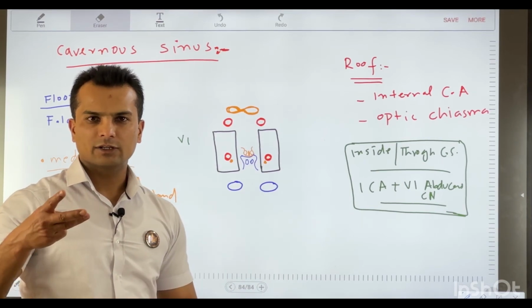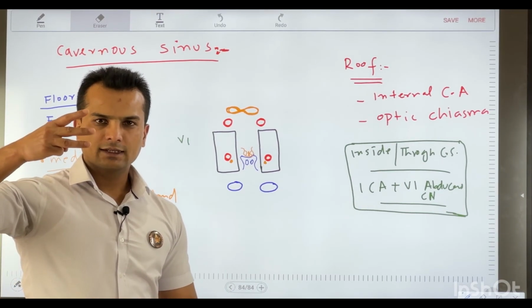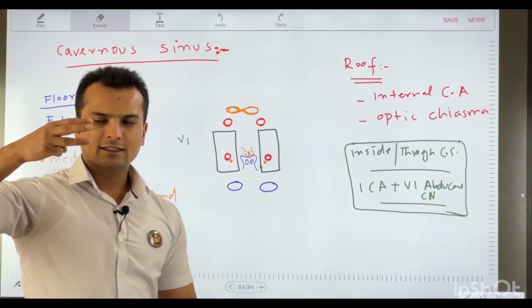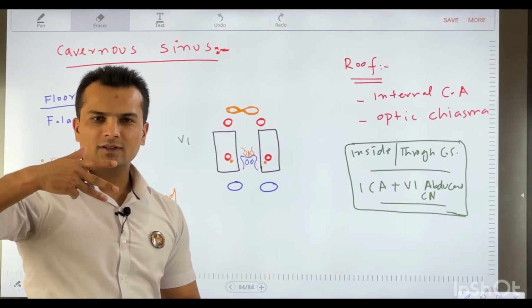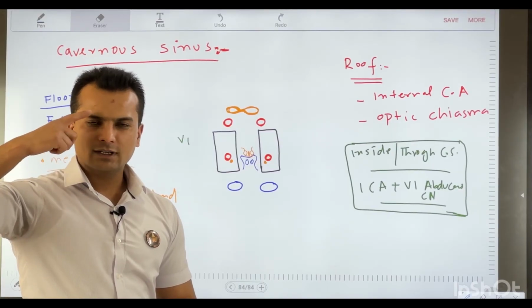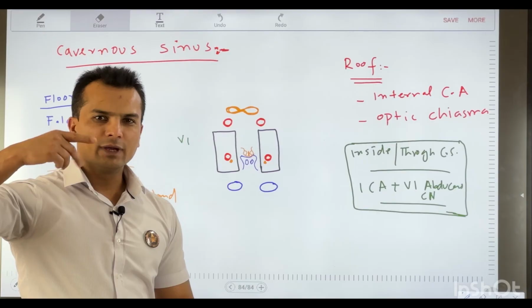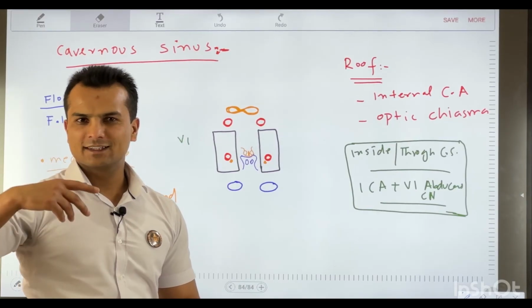The trigeminal nerve has 3 branches. First is the ophthalmic, second is the maxillary, third is the mandibular. Mandibular supplies the muscles of mastication, ophthalmic supplies eyeball sensation, and maxillary supplies sensation of the maxillary region.